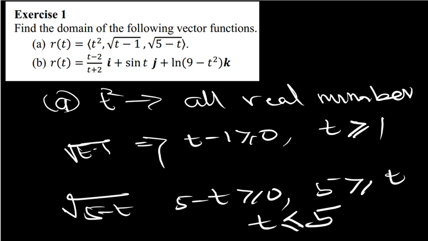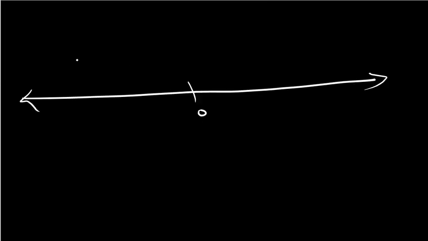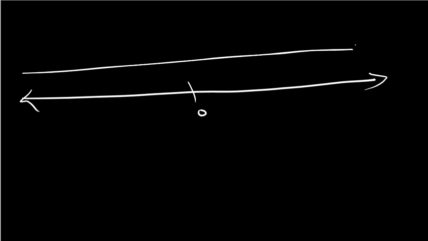So let's use the number line to find the intersection of these domains. The first one, t raised to the power 2 or t squared, is for all real numbers.